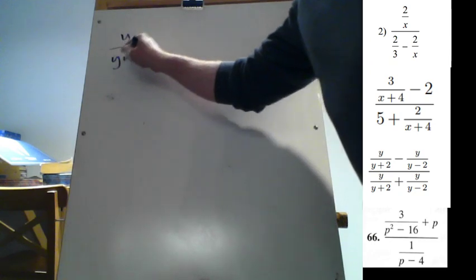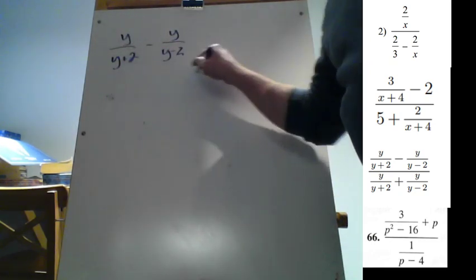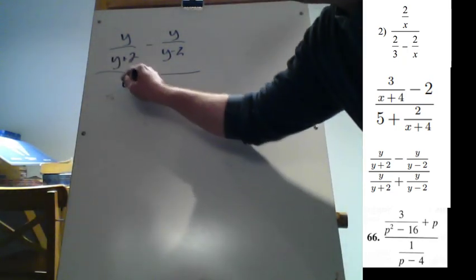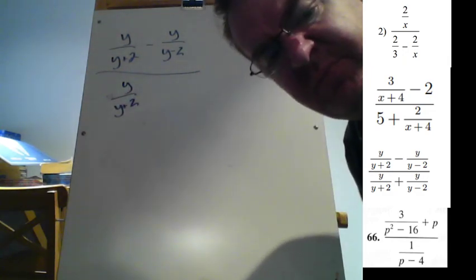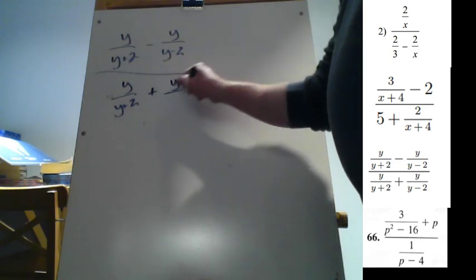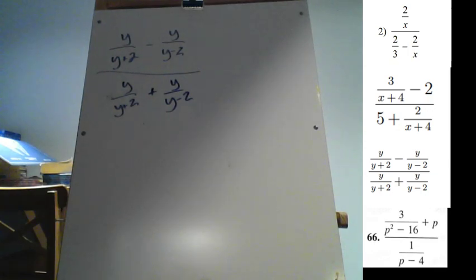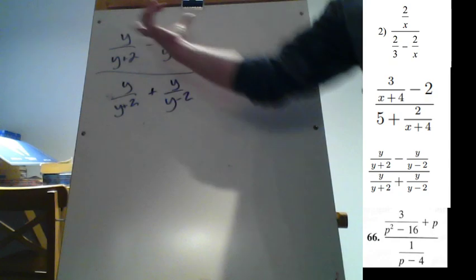Y over, let's see what I got, y plus 2 minus y over y minus 2, all divided by y over y plus 2 plus y over y minus 2. Couple of things. Remember, these are not the same. They're not equivalent, so we can't combine them.